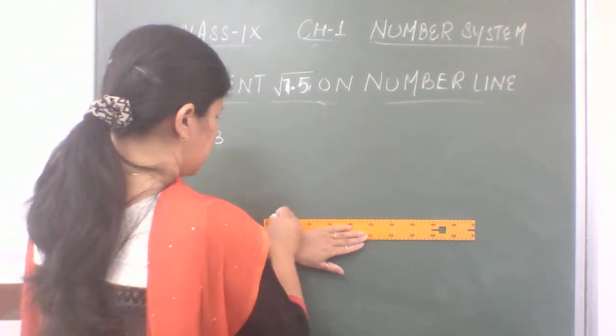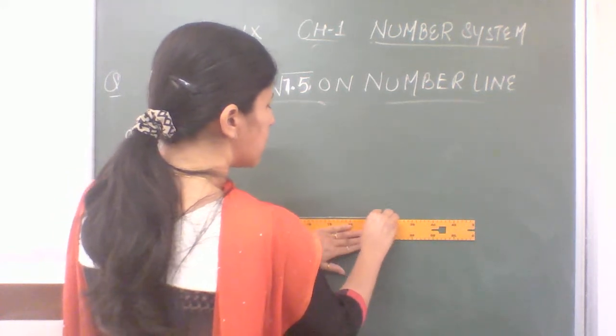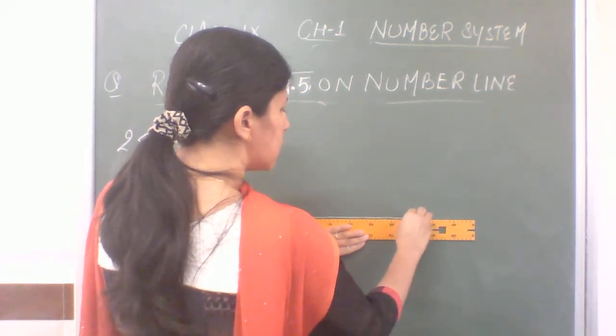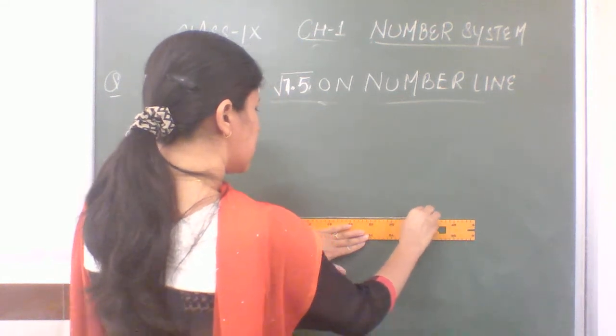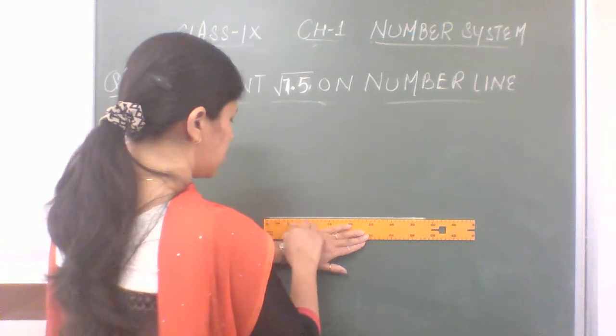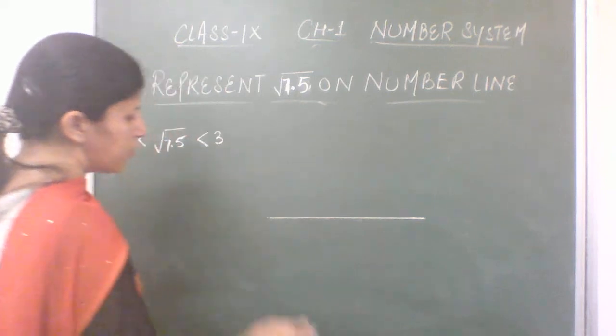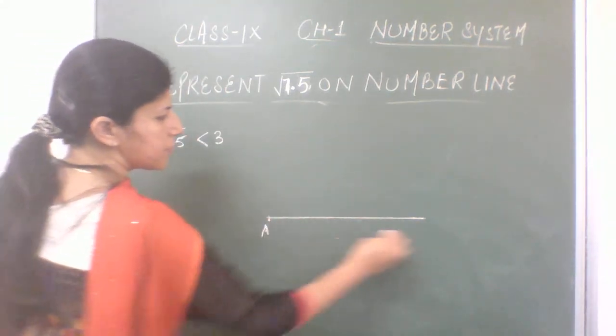You have to draw a 7.5 centimeter line segment. Okay, fine. Give it the name AB.